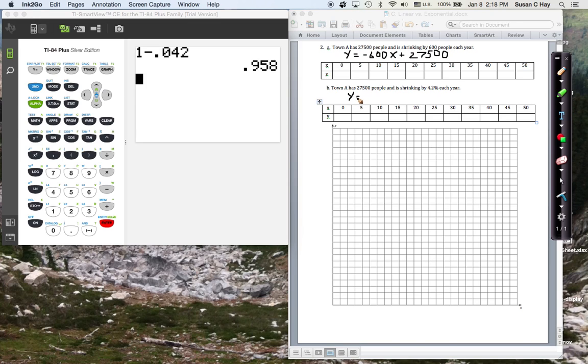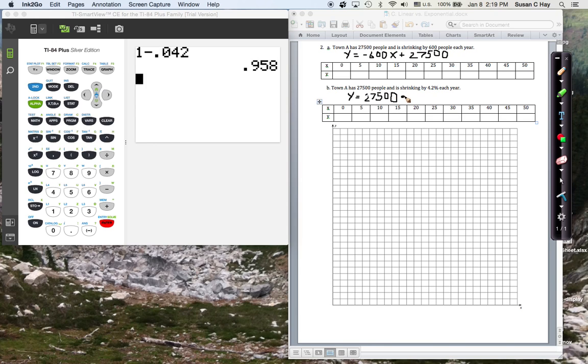So now going back in with my pencil, I'll get my exponential equation. So it's y equals 27,500, our start. No, not minus. There's never any minuses in exponential equations. You just multiply it by a number either greater than 1 for increasing or less than 1 for decreasing.